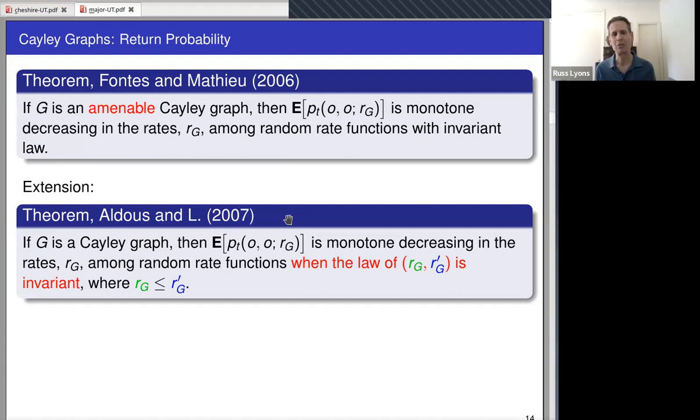So yes, there are counterexamples where you can have individual rate functions having invariant law and monotonicity almost surely for some coupling, but there is no monotonic invariant coupling.